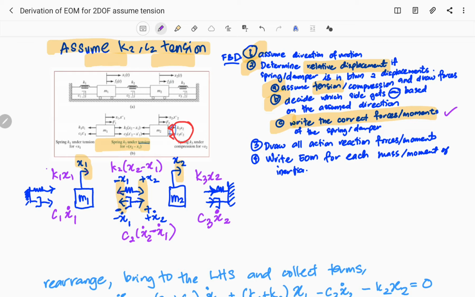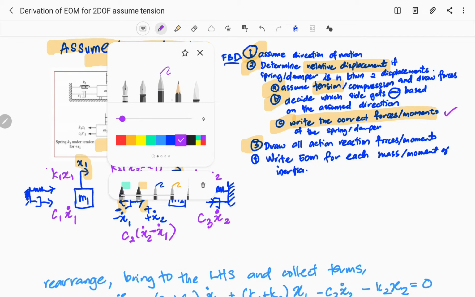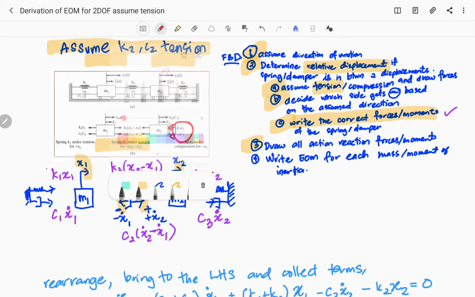After that, we go to step 3, which is drawing the action reactions. Maybe I use a different color to show that you do have action reactions there. It goes to the left because these two go to the right. Same as this one, it is opposite, so it goes to the right.